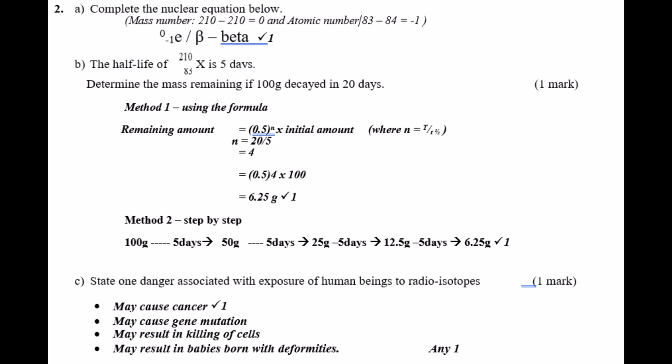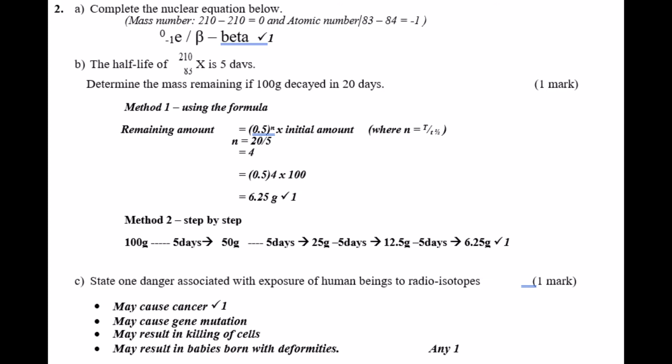Part B of the question, you're given that the half-life was 5 days. There are two ways you can approach this question. The initial amount was 100 grams, then the amount decayed for 20 days. First, you can use the formula that the remaining amount is given by 0.5, or half, raised to the power n, multiplied by the initial amount.